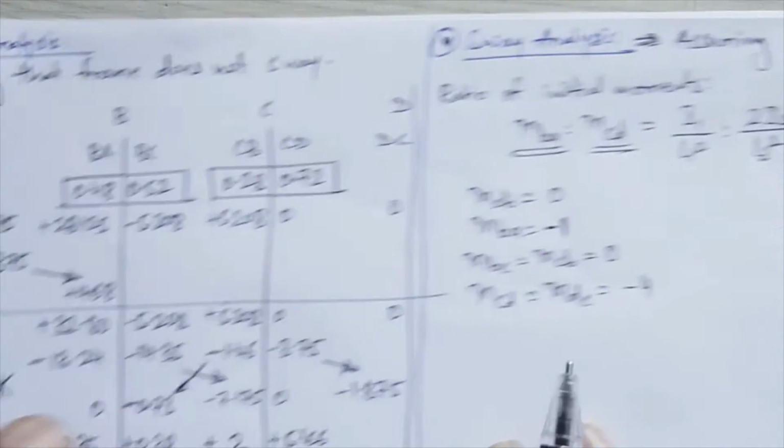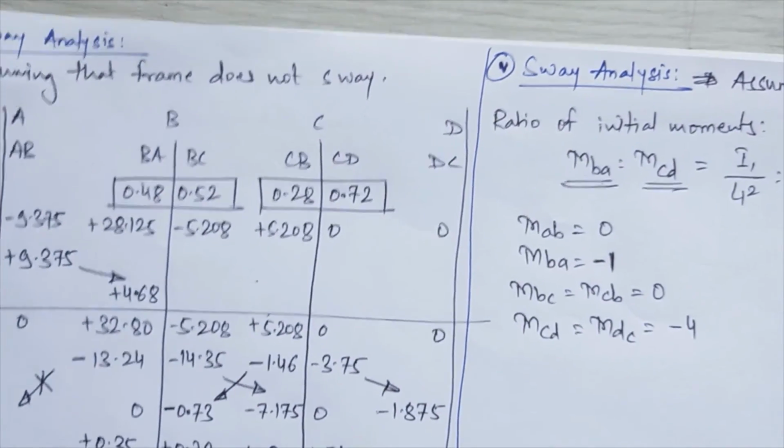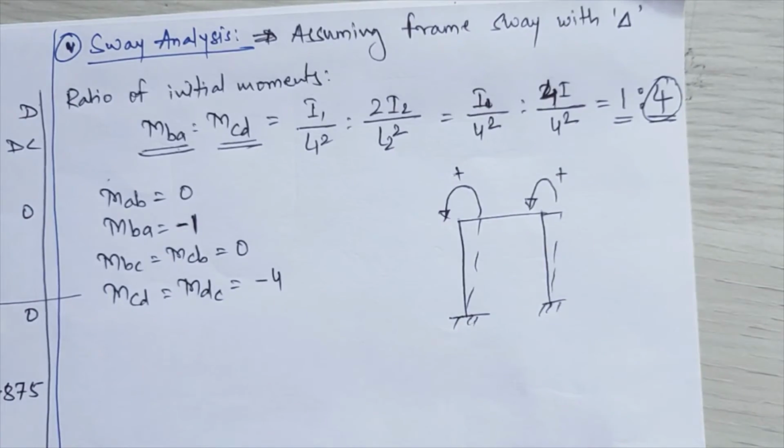Now using these moments, again you have to carry out the moment distribution table. So again I'll write joints, next the members, then the distribution factors, and last the friction moments. Friction moments, which ones? These are the new moments we are obtaining.